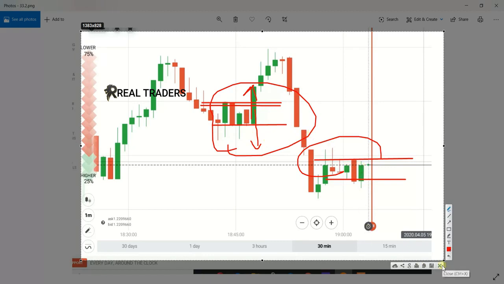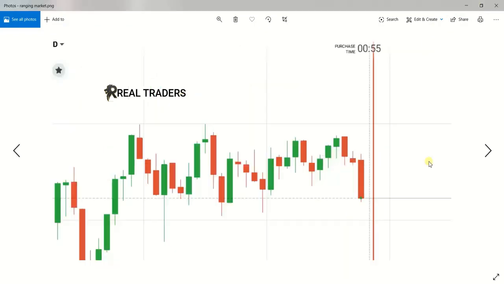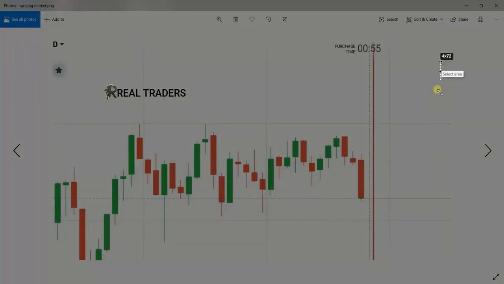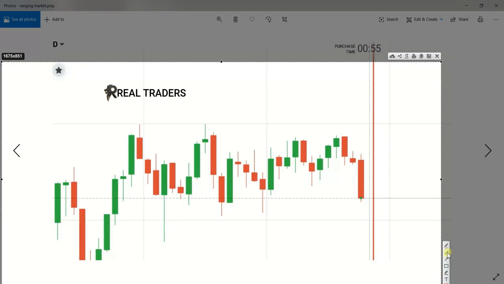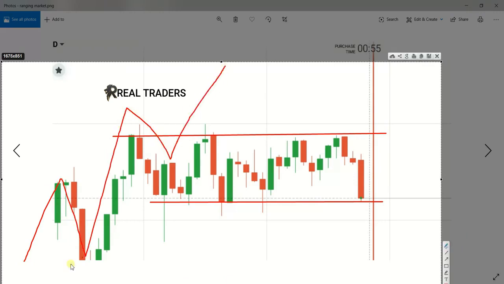Okay, and now let me show you what the ranging market is also. This is an example of the ranging market. You can see the market is moving in this range. The trendy market, I showed you, the trendy market moves like this, right? A trendy market is an uptrend or a downtrend.